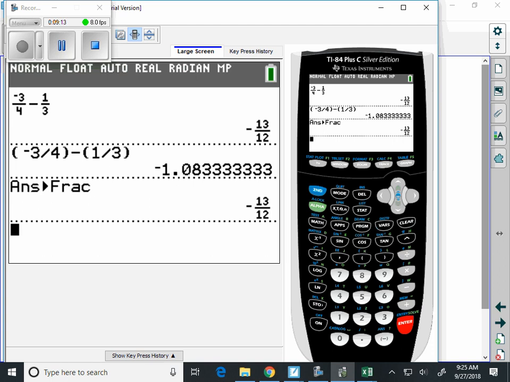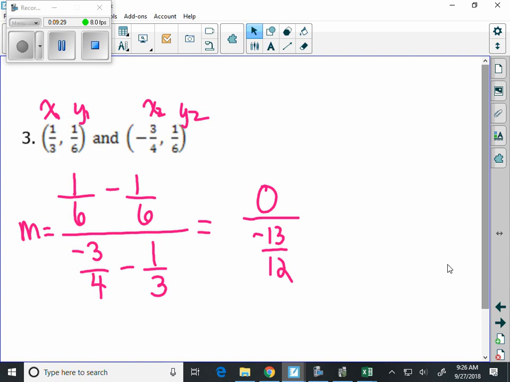It will write this as negative 13 divided by 12 in your calculator. But your out-of-date calculator can still do this computation, if you're wondering. But ultimately here, what we need to know is, what does 0 divided by negative 13/12 equal?